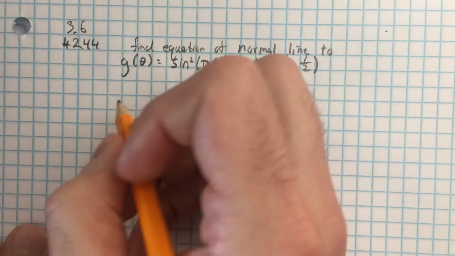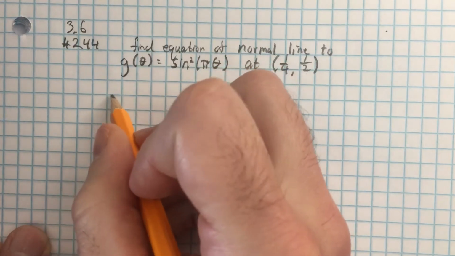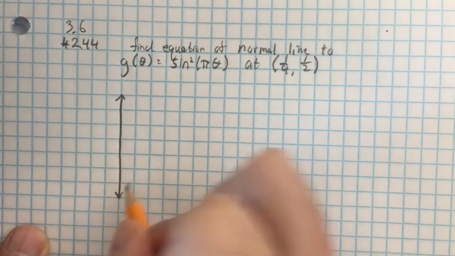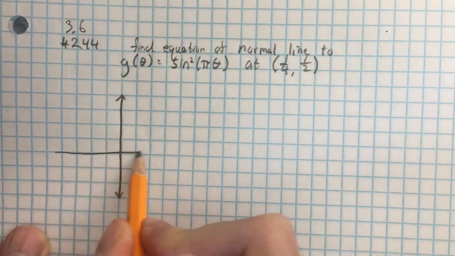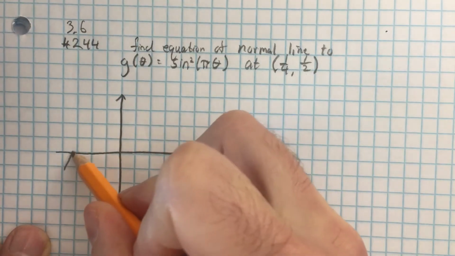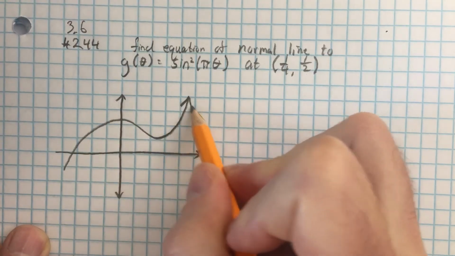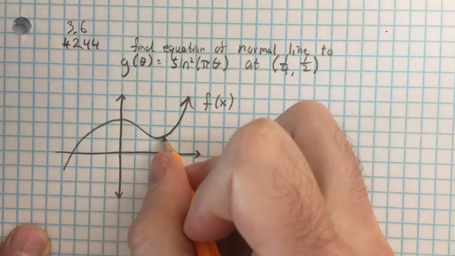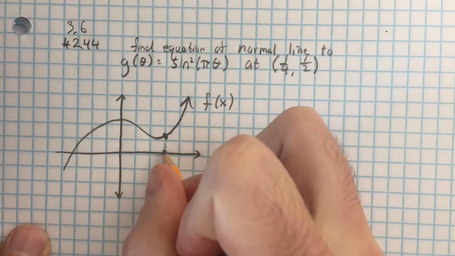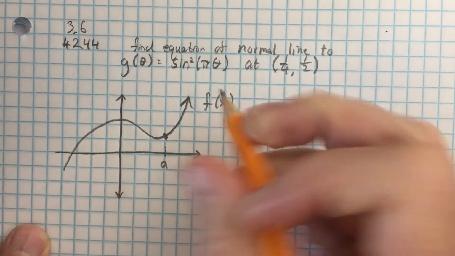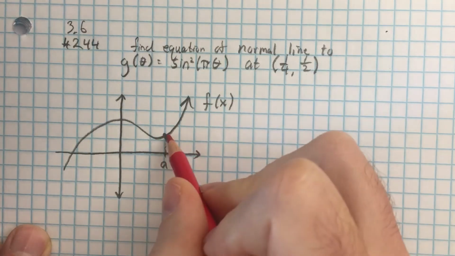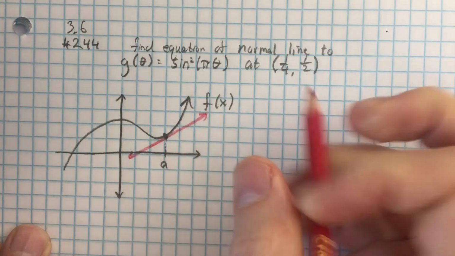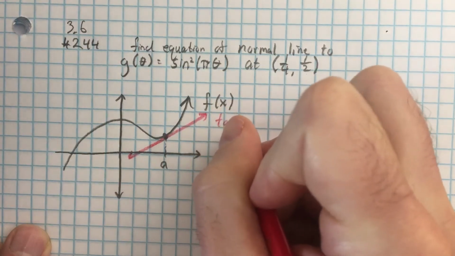And let's show what a normal line looks like very quickly. So this is not our curve. This is just some arbitrary picture. There's some function f of x. And if I pick this location here to examine the tangent line, then it might look something like this. Here's our tangent.